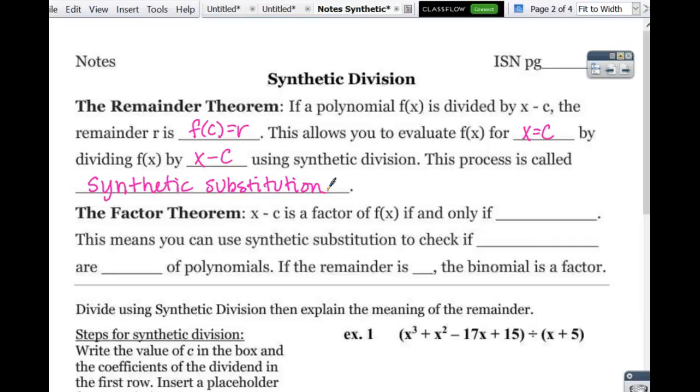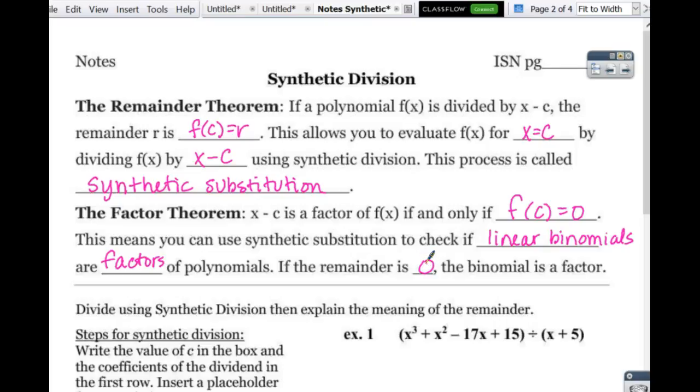Okay? And so the next one is the factor theorem. What the factor theorem tells me is, if the remainder is 0, it's a factor. So if f of c equals 0, this means you can use synthetic division to check if linear binomials are factors of the polynomial, if the remainder is 0.